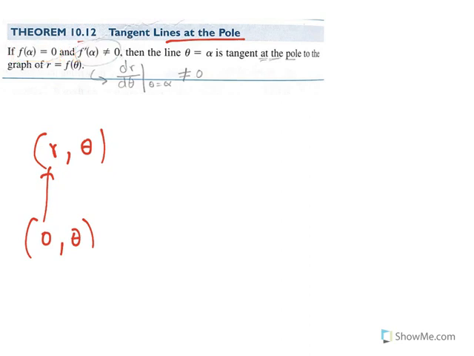And the result that we have is the following. This is our result. Then the line theta is equal to alpha is tangent at the pole to the graph of our polar equation.